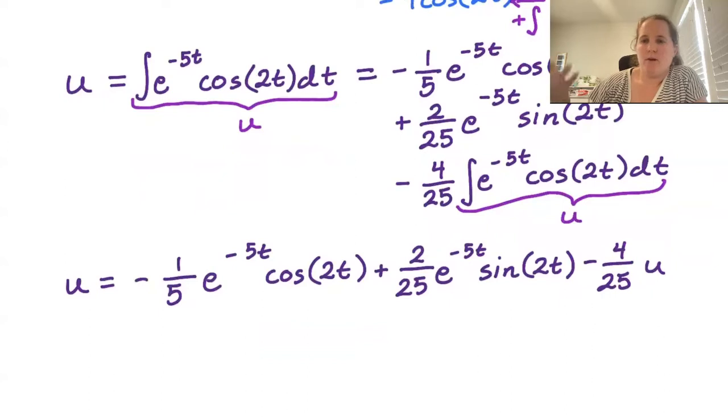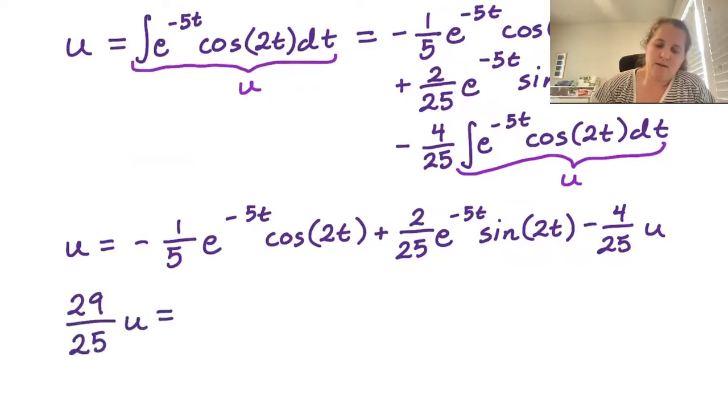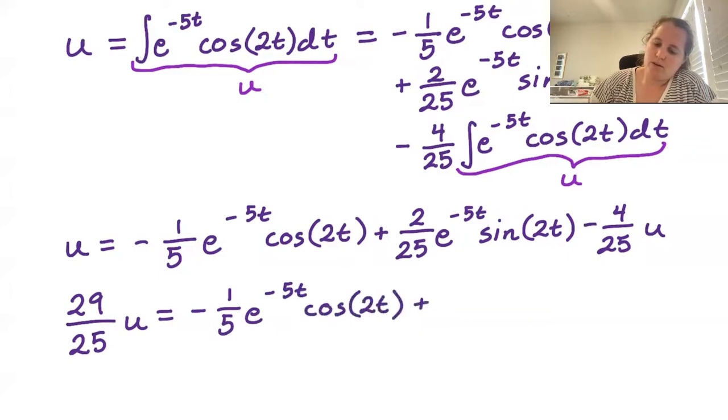And then we have a plus c somewhere in there we can tag in at the end. So if I add that to both sides, we are looking at 29/25 u is equal to negative 1/5 e to the negative 5t cosine of 2t plus 2/25 e to the negative 5t sine of 2t.